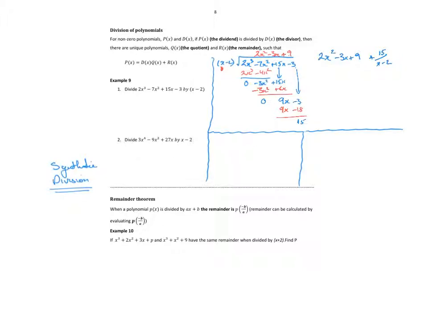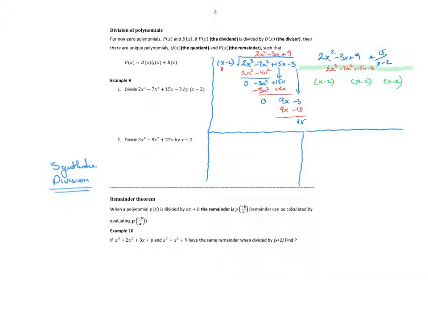If I want to use the repeated factor method, and if I've got enough room, I write the factor down 3 times: x minus 2, x minus 2, x minus 2. Same sort of thing: what do I multiply x by to get my original function, 2x cubed minus 7x squared plus 15x minus 3?